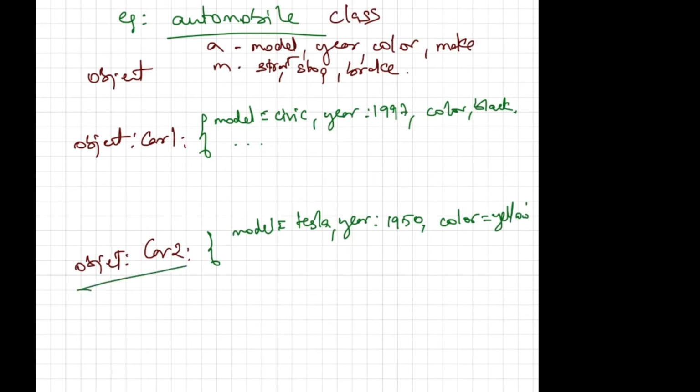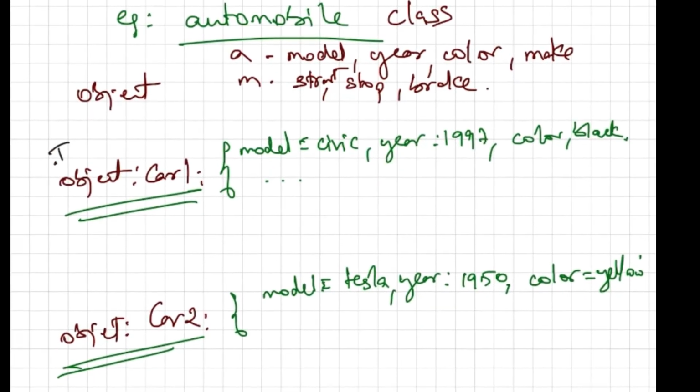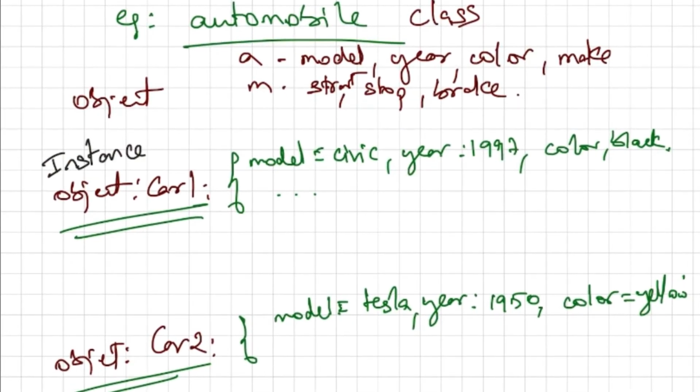Now this car1 and car2 are the objects, but there is also another word for them called instance. This is instance 1, this is instance 2.